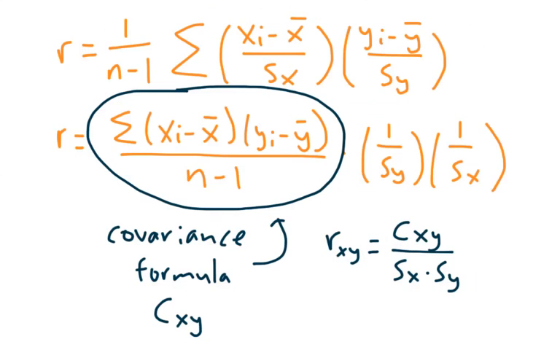So what is a cross product? If you think of the two variables, x and y, let's say x is a distribution of the variable for IQ. So it's a bunch of scores for someone's IQ. So xi would be any random score for the IQ variable, and then you subtract the mean of that distribution. So that's a deviation score, right?